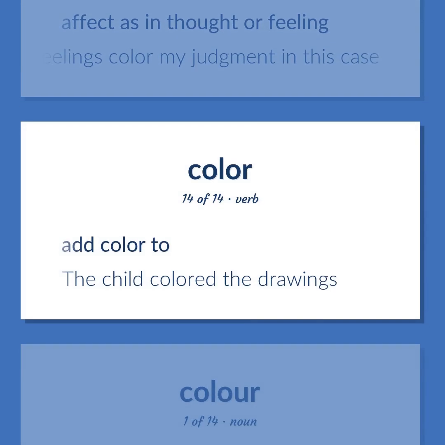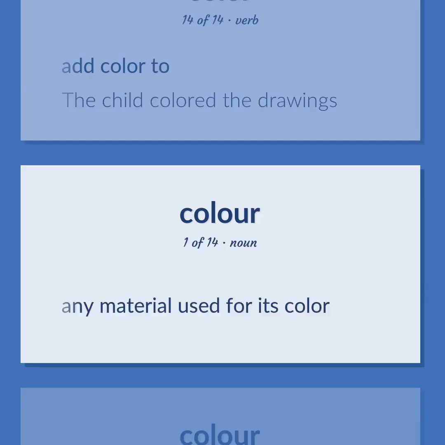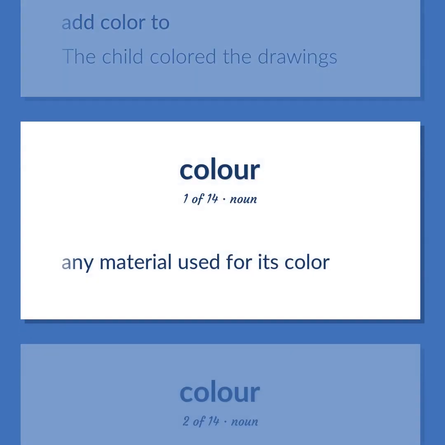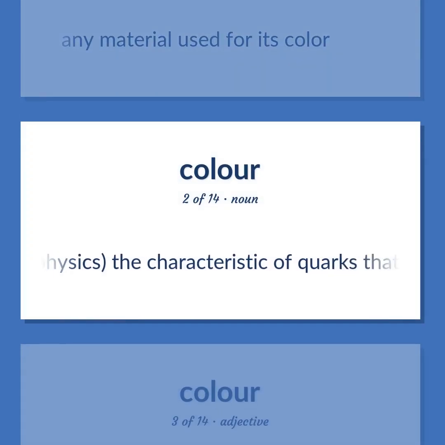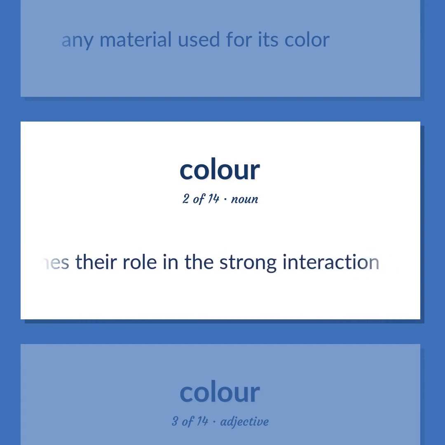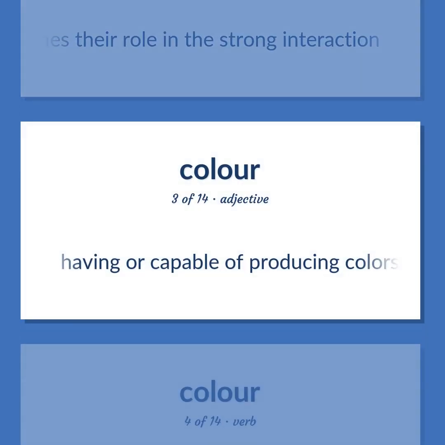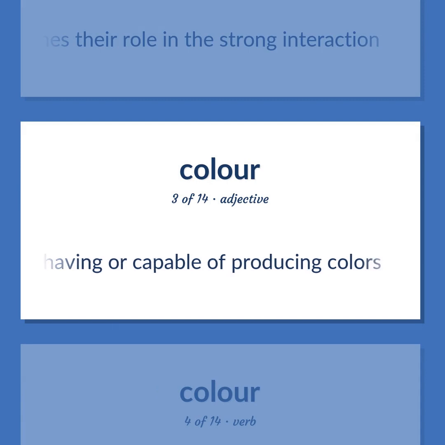Add color to. The child colored the drawings. Any material used for its color. Physics, the characteristic of quarks that determines their role in the strong interaction. Having or capable of producing colors.